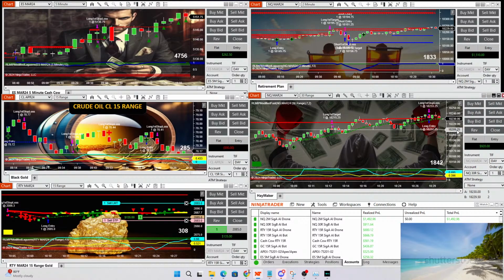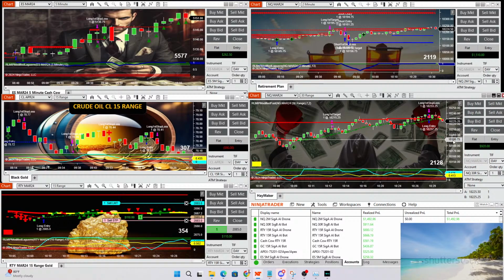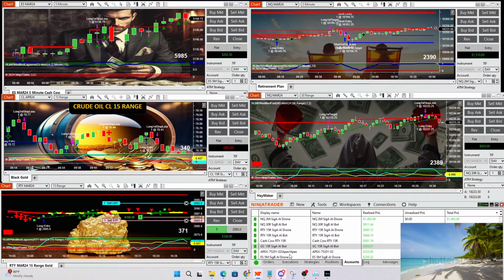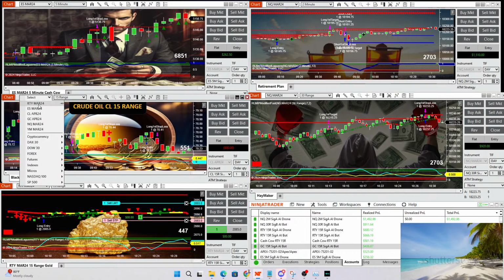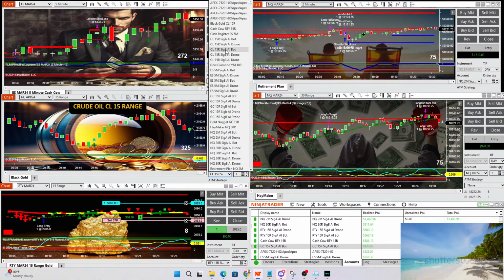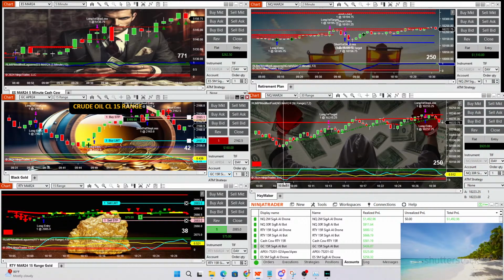So we're in a nice long position on the Russell, and we're in a position on gold on this AI bot. Should switch these around.